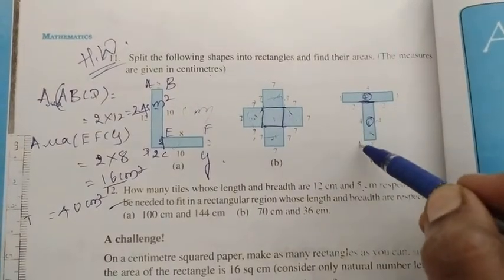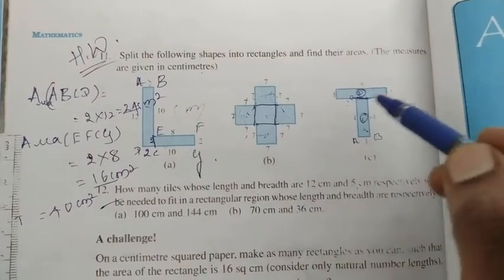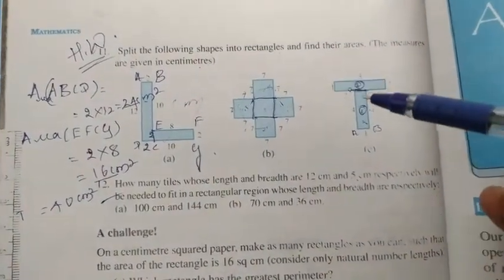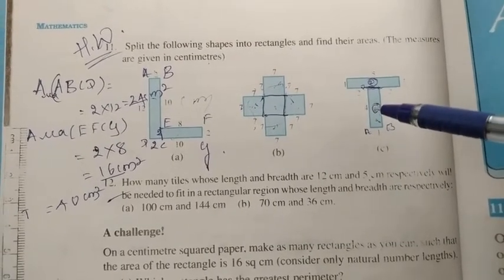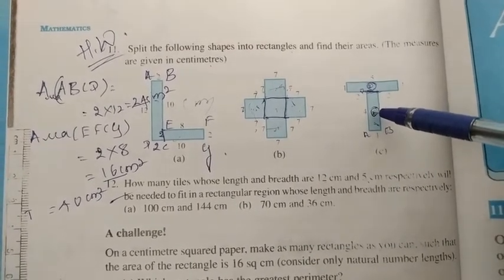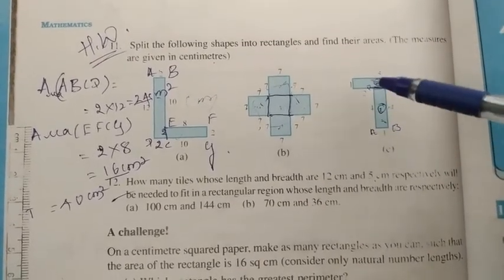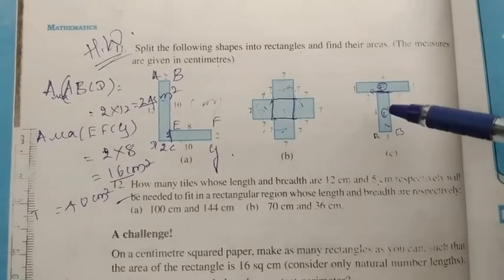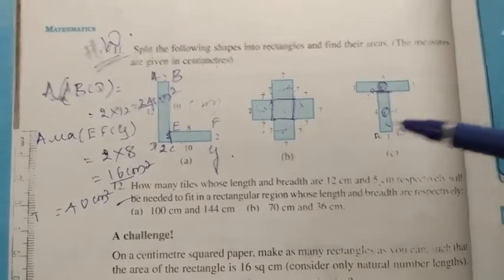After that you have to put A, B, C, D, E, F, G, H like this. We have to put naming, and after that find the area of the first rectangle and the second rectangle. Lastly you get the total area of this figure. Understand? Take the correct measurements and solve.